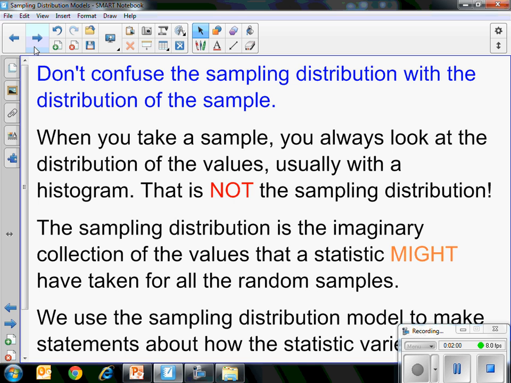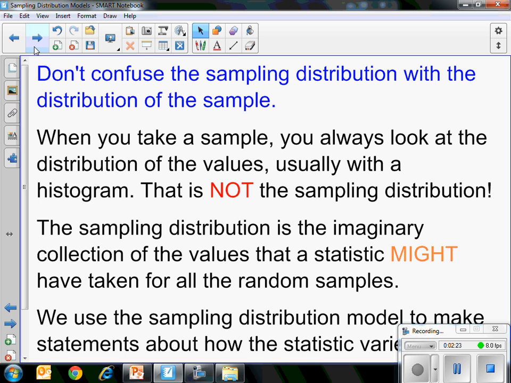So as the book talks about, please don't confuse the sampling distribution with the distribution of the sample. I mean, say that again 3 times fast. It's really funny. But we have to be very careful of that because they're two different things. When you take a sample, you always look at the distribution of those values, usually with a histogram.